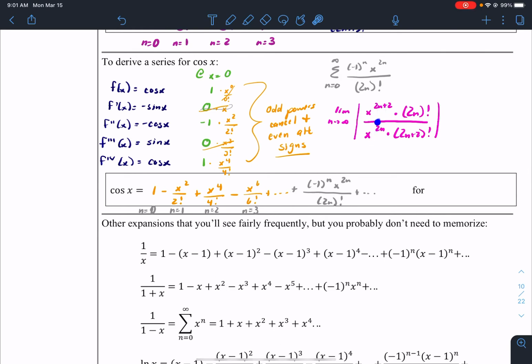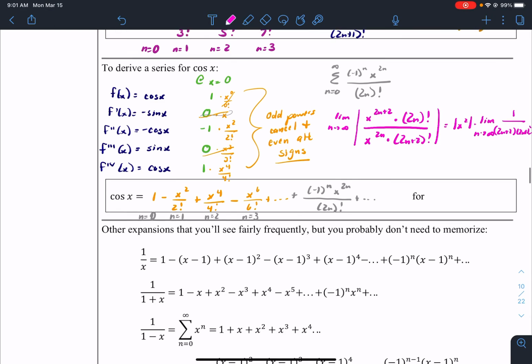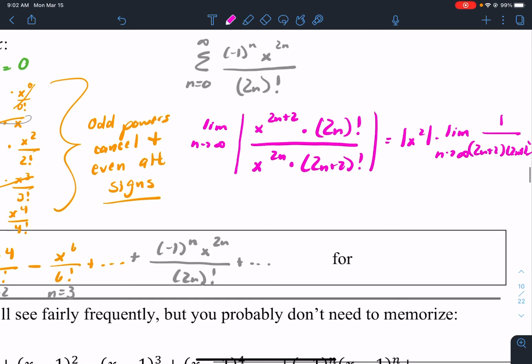These pieces reduce to an x squared, similar to what happened with sine. I'm going to go ahead and factor that out. And you're going to have the limit as n approaches infinity. Remember, dealing with factorials, we just end up subtracting 1. So you're left with 1 over 2n plus 2 and 2n plus 1. Everything else would reduce. I realize that's really small.